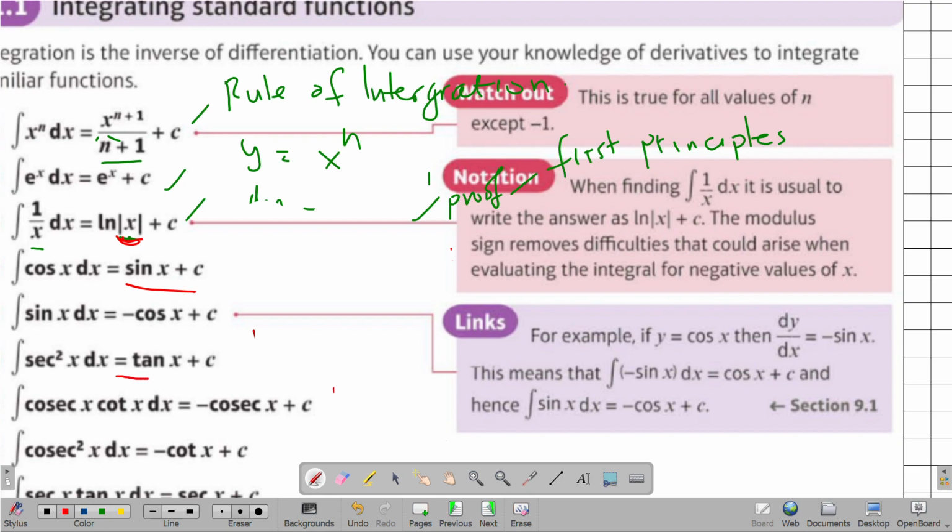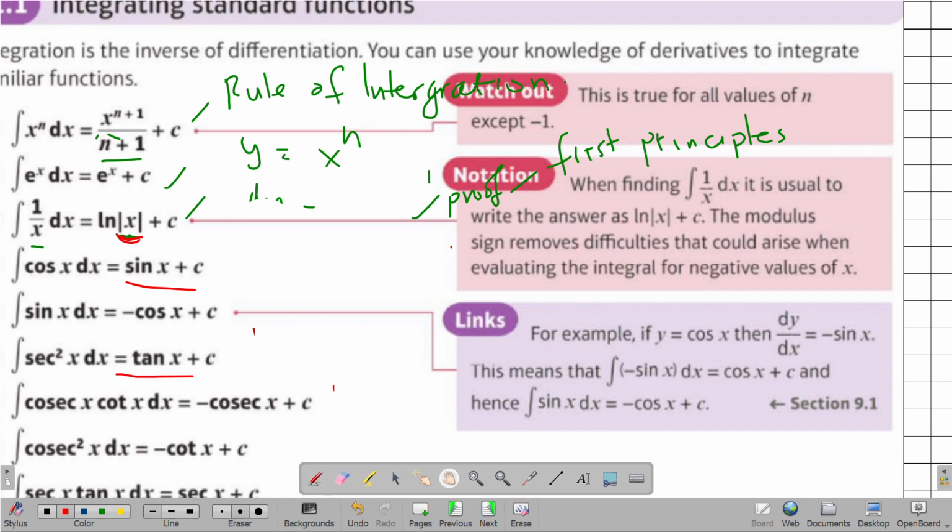We have done the derivative of tan x as sec squared x using the quotient rule. That's the easiest way to do that. So the opposite is true: the integral of sec squared x is also equal to tan x.